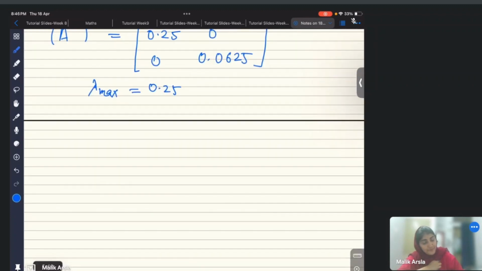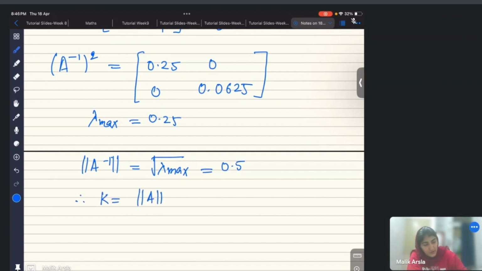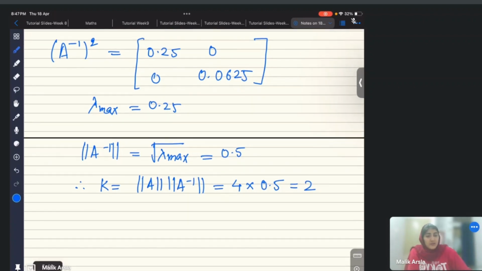So the norm of A inverse is the square root of lambda max, which is equal to 0.5. Therefore, K is equal to norm of A into norm of A inverse, which is 4 into 0.5, which is equal to 2. So I hope this is the K2 norm.